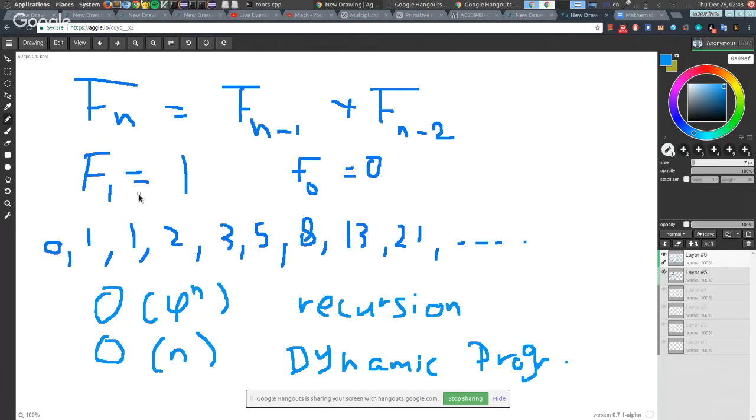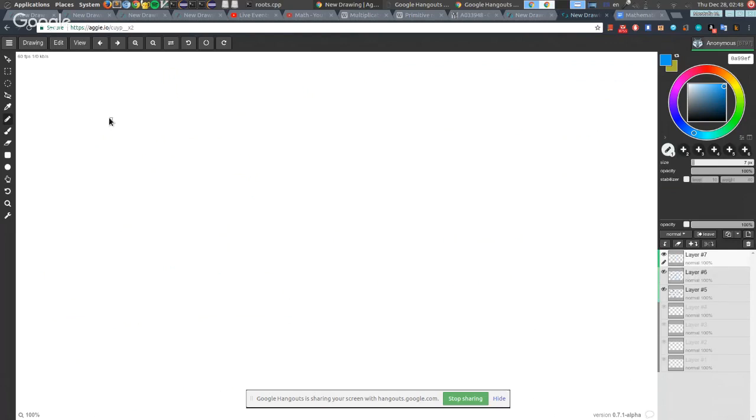So now I'll be explaining the third way to do that. The third way basically makes use of matrices.